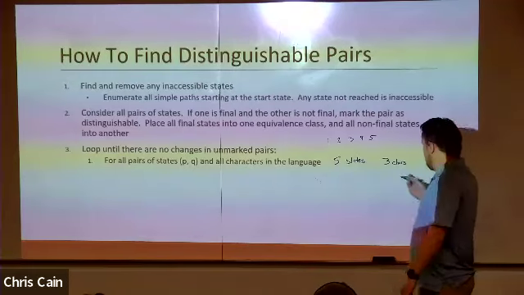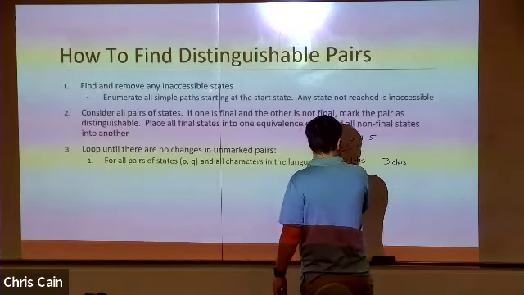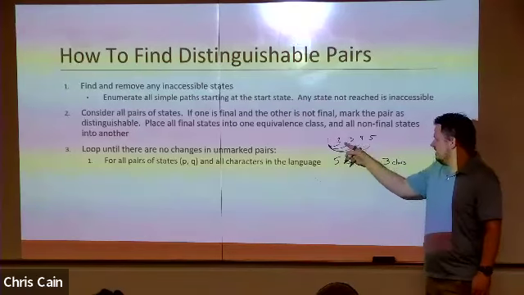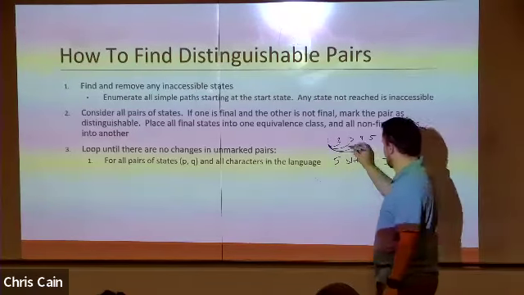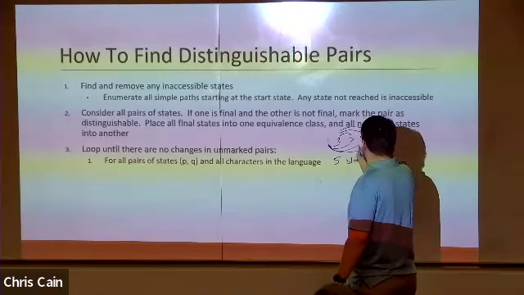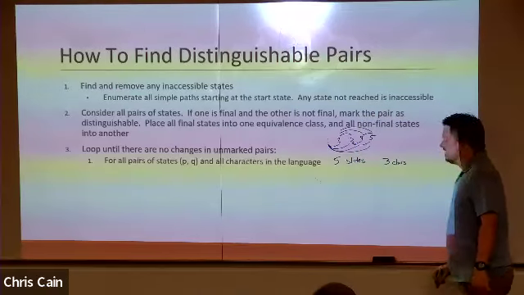Pair 1 with everything unpaired so far. So we would do 1 with 2, 1 with 3, 1 with 4, 1 with 5. We would then loop around and consider 2, pairing 2 with everything that hasn't been paired so far. 2 to 3, to 4, to 5. We could then do 3 to 4 and 3 to 5 and 4 to 5.